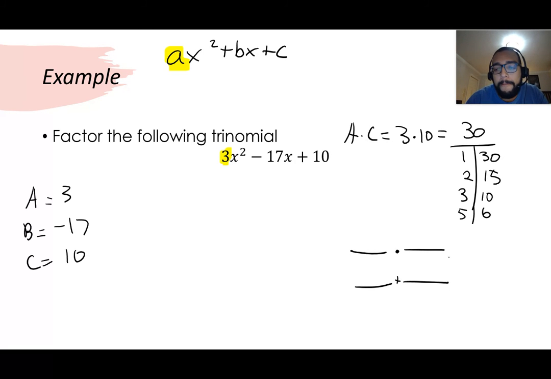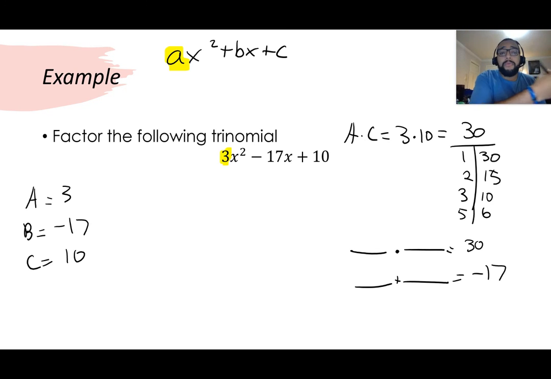So we're still on our grouping and box method is still doing the same thing. I need to find 2 numbers. Then when you add them, you get your B value, which is negative 17. And 2 numbers, when you multiply, you get your A times your C, which is 30 in this case.